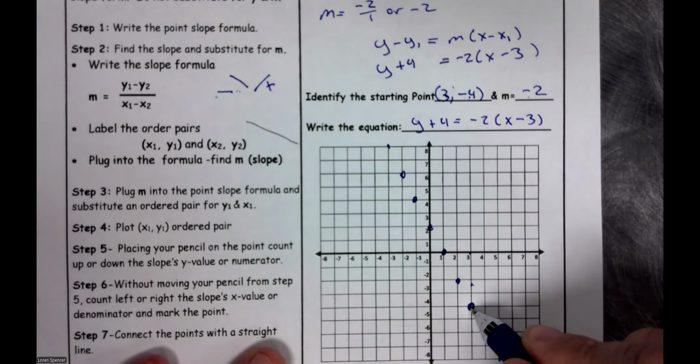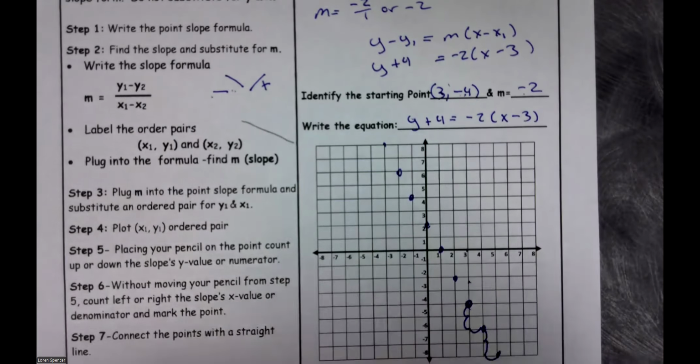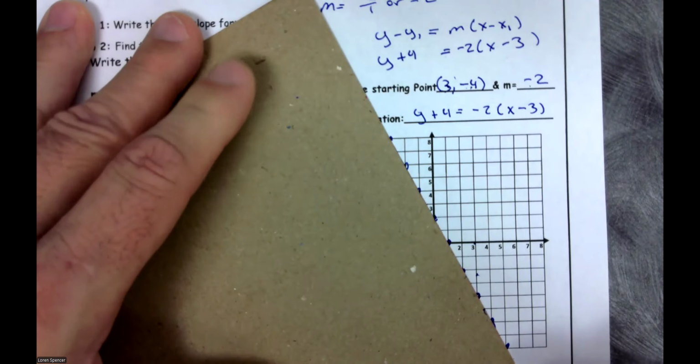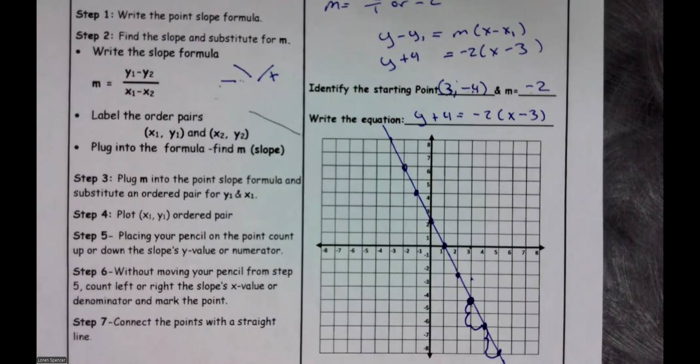And all I did was go down 2 over 1, down 2 over 1. All right, and I just did it a bunch of times. So now we have our slope, and it looks like it is going down the way the angry man eyebrows are. So there's the angry man eyebrows, and that one takes care of that.